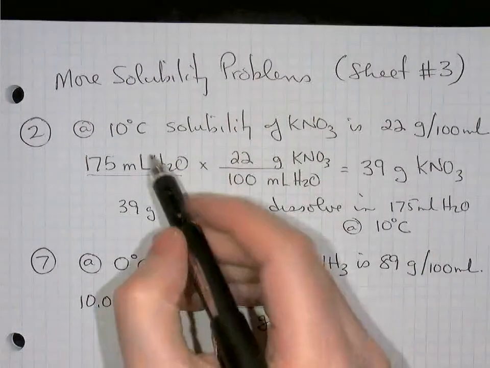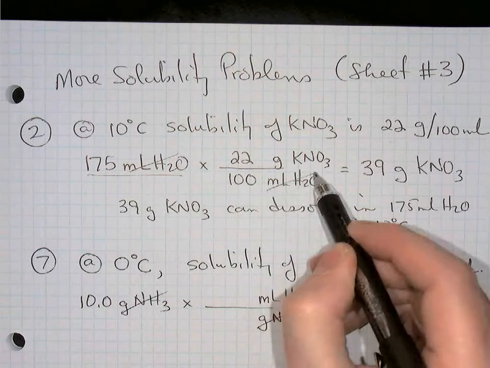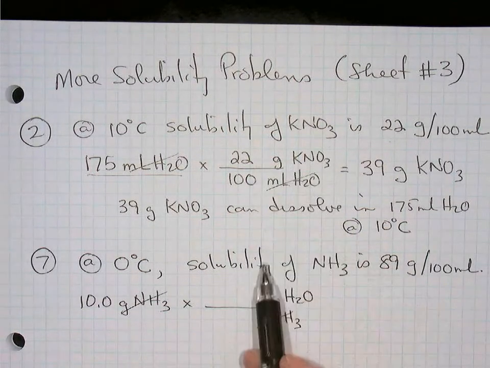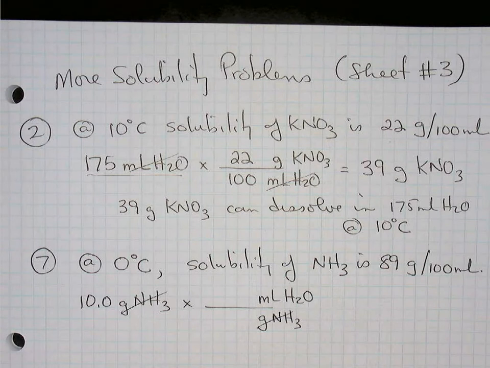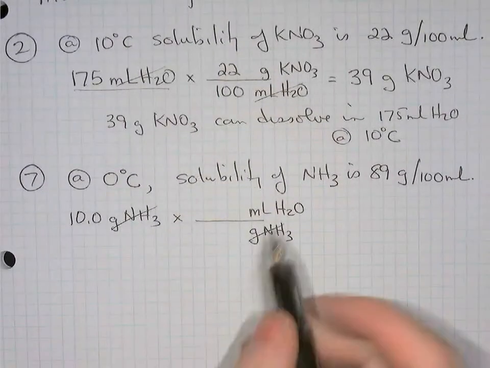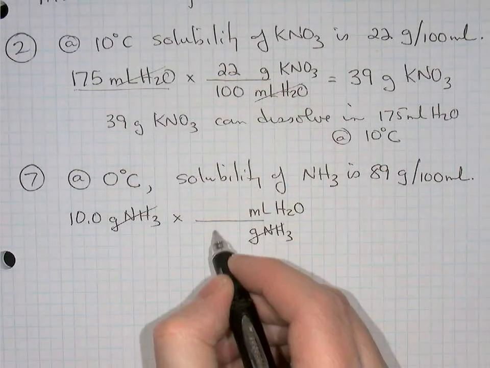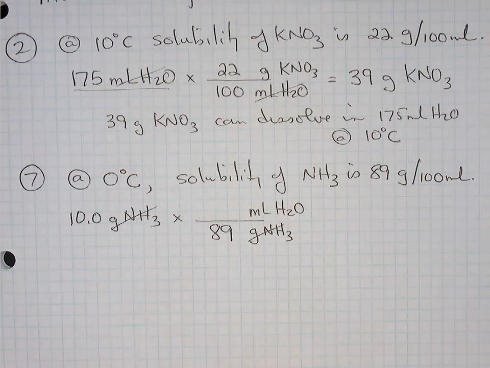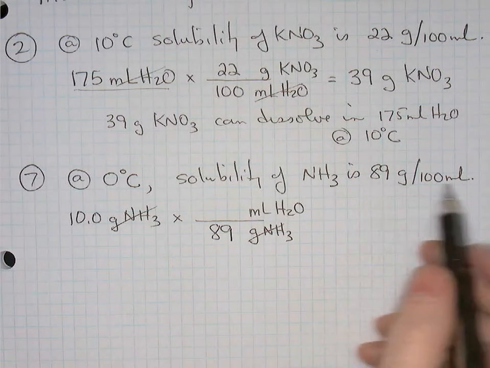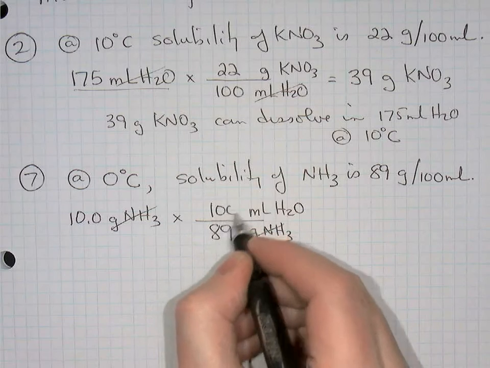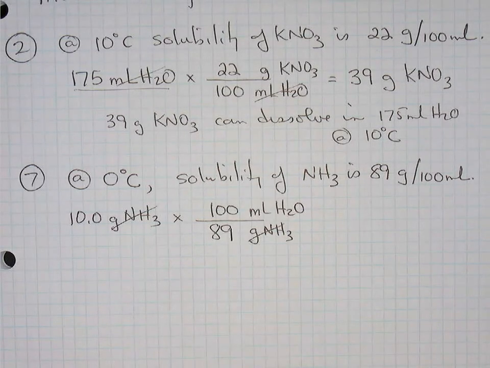I didn't do that earlier, but milliliters of water canceled, giving us grams of potassium nitrate back in question 2. So now the solubility was 89 grams, so the 89 will go on the bottom beside the grams for every 100 mils of water, so the 100 goes beside the volume of water.